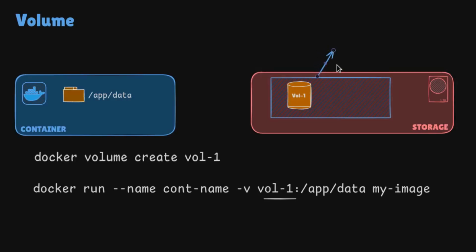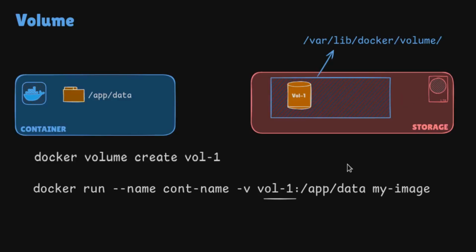In the case of Linux, this particular location is /var/lib/docker/volumes. This is the dedicated location if it is a Linux operating system on your host machine. This is where volume one is created, as a subfolder in it. You will get a folder called vol1 over here. Whatever volume you create will come under this volumes directory.